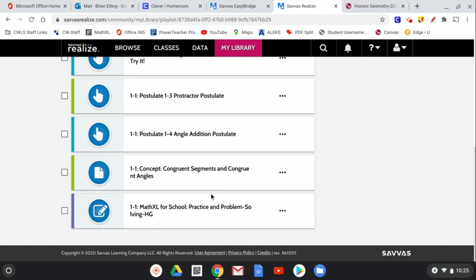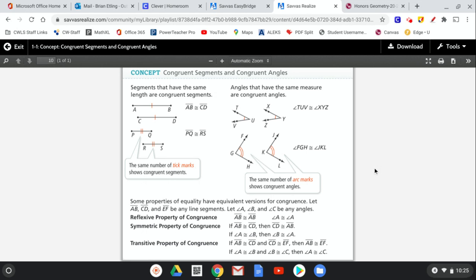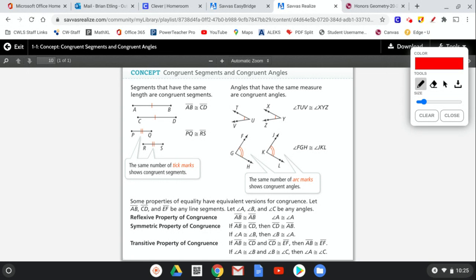And then the last thing that I want to talk about is congruent segments, okay? There are different ways to denote that something's congruent. I'm sure you have seen this in your previous math education. If we are denoting that segments are congruent, we use a little tick mark.